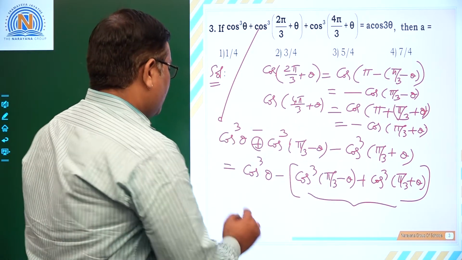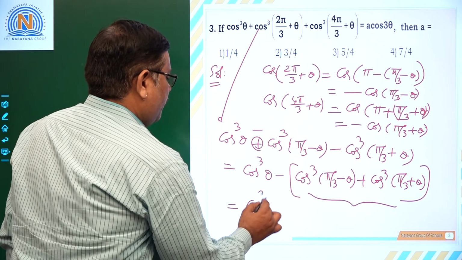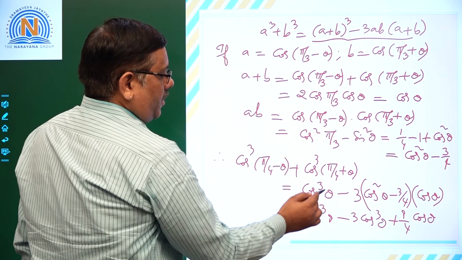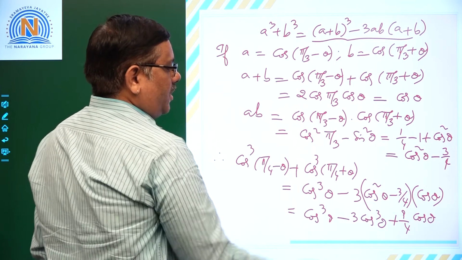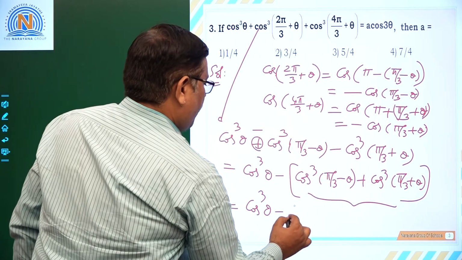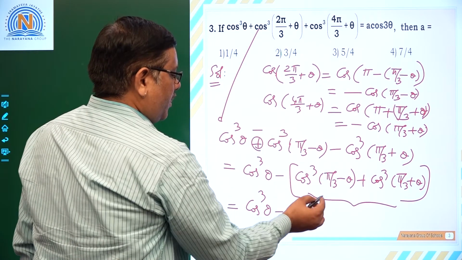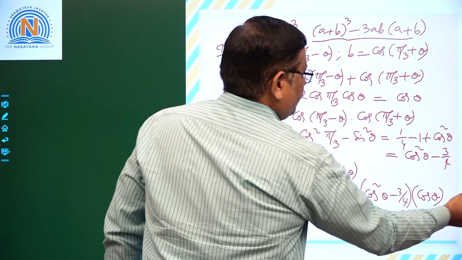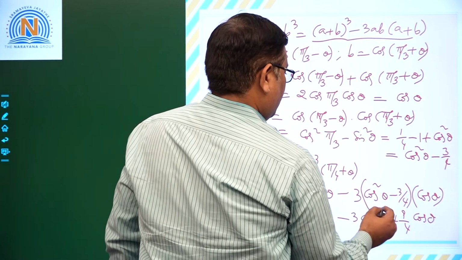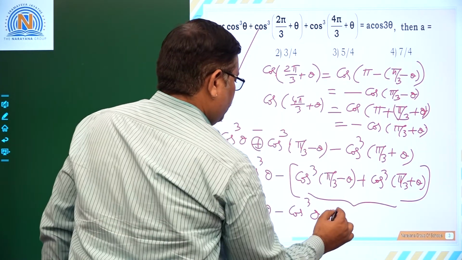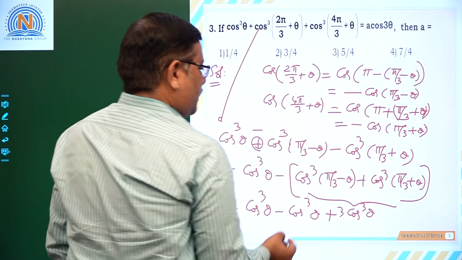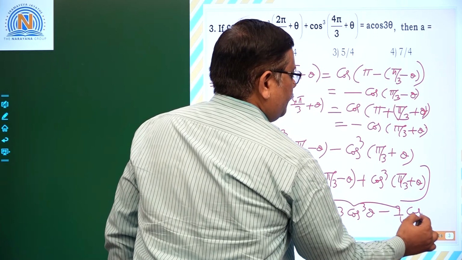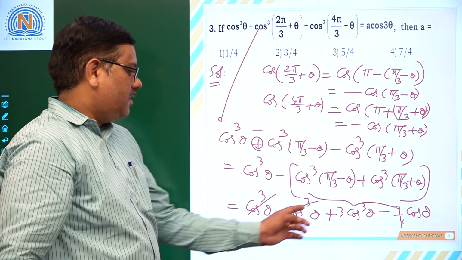So that is going to be cos cube theta minus cos cube theta plus 3 cos cube theta minus 9 by 4 cos theta. So here cos cube cancel. That's the reason why I left it like this.